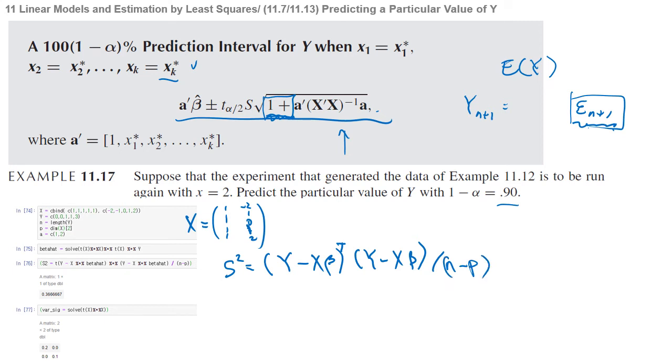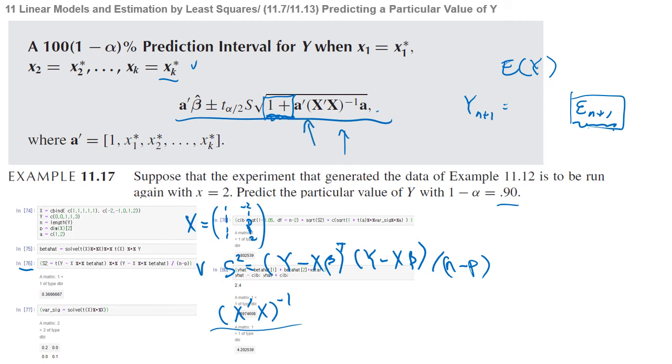And this is this part, the line 76. Also the variance part, you can calculate as x transpose x inverse. So to calculate this, you can calculate the confidence interval bound like this.